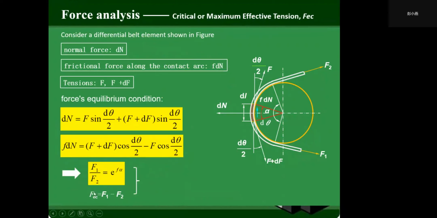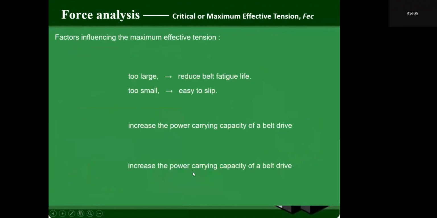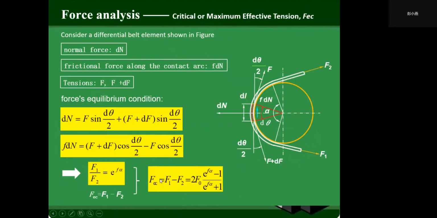We know that the maximum effective tension FEC is equal to F1 minus F2, and then we can obtain this. FEC is the maximum effective tension, meaning the maximum force transmitted by belt.